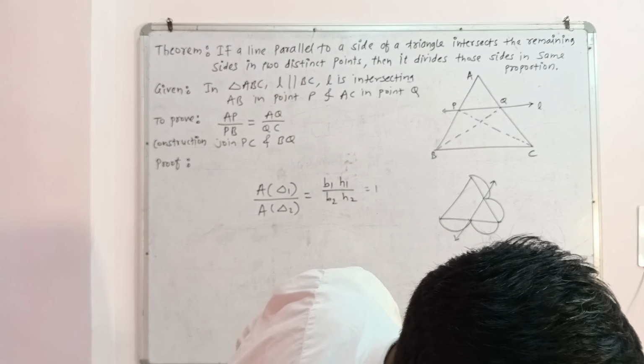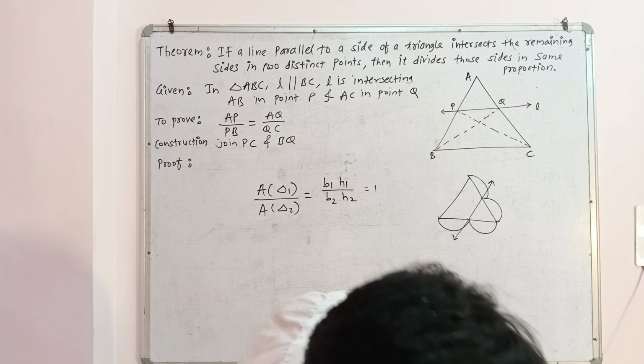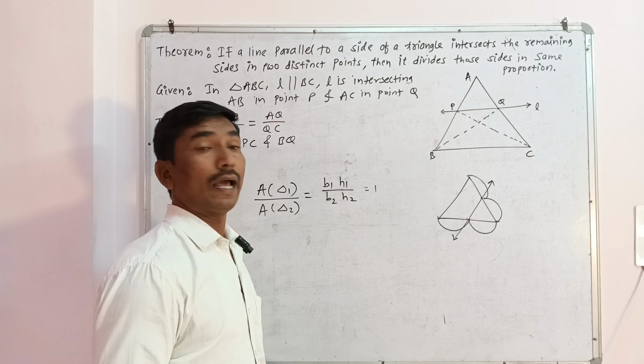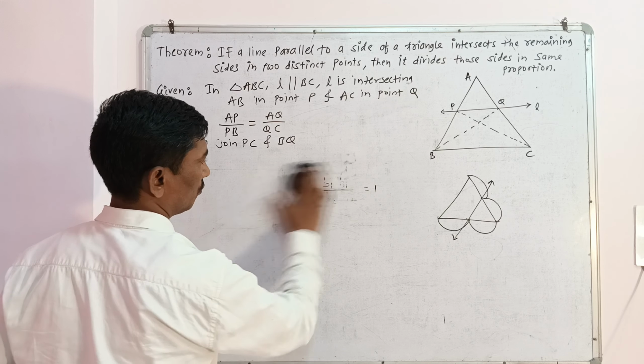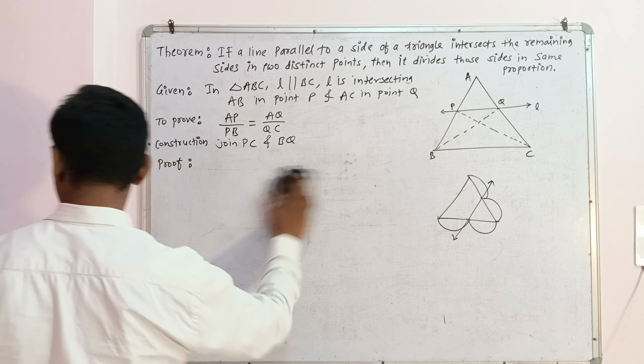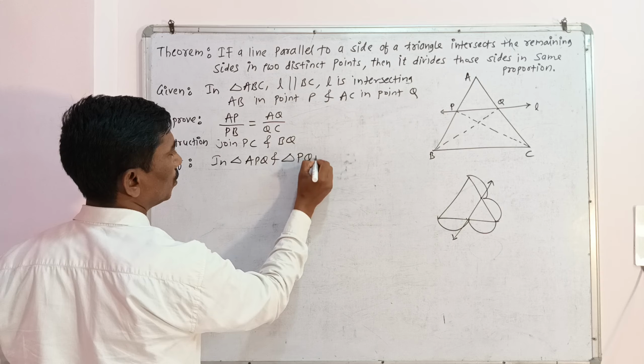Now here we'll have to take a ratio of two triangles, like what we did here. So we'll take a pairing of triangles, like suppose we take APQ and another triangle PQB. What I'm saying is we'll take triangle APQ and triangle PQB.